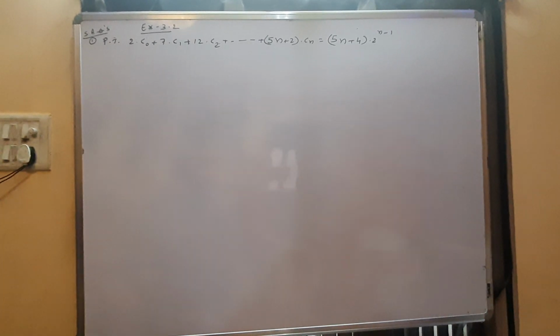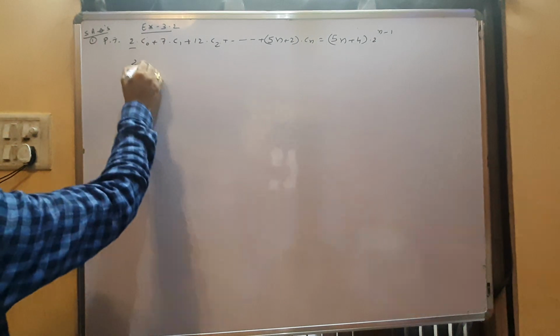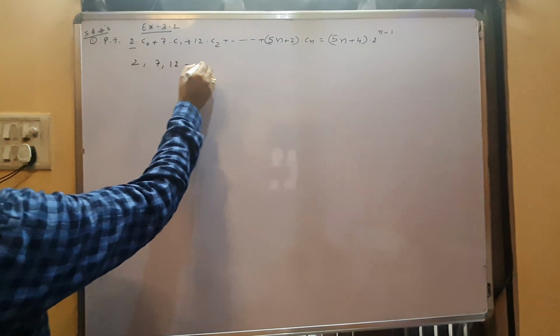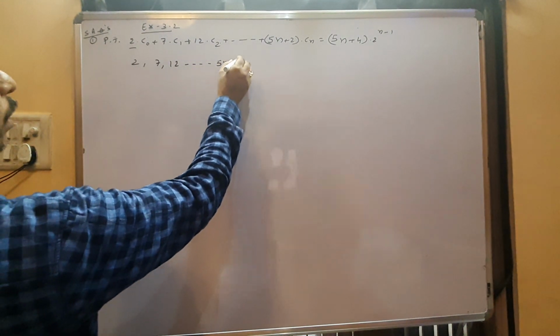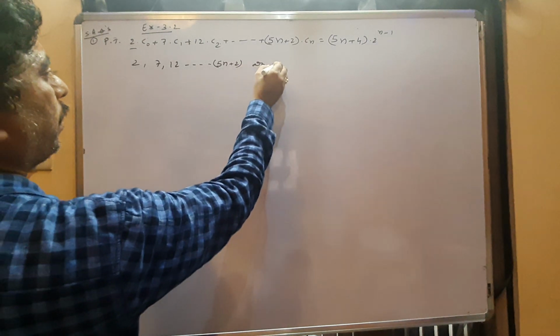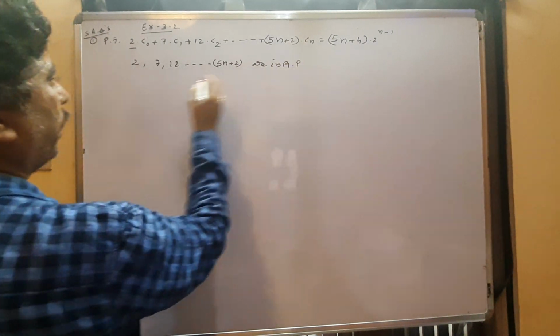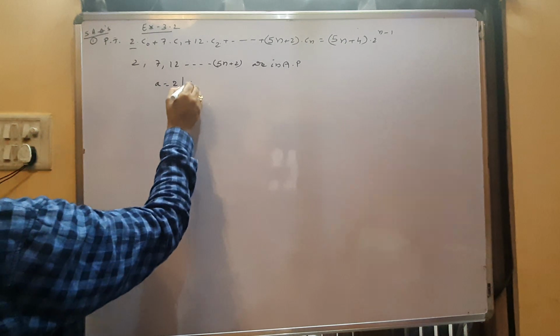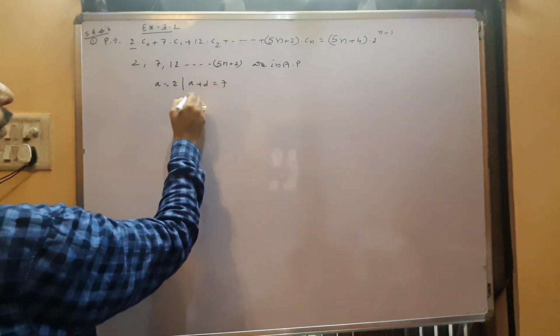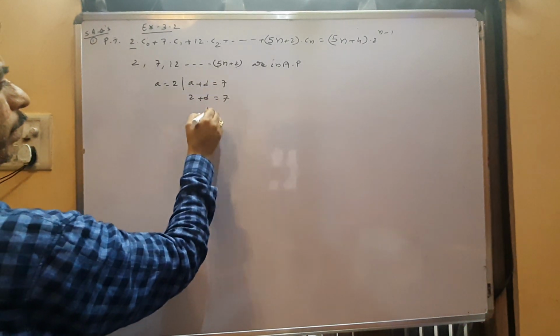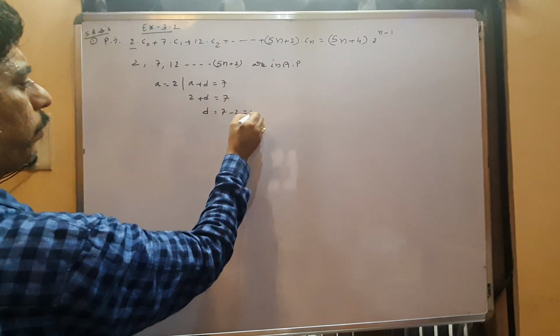Coming to this problem, also the same. 2, 7, 12 and so on, 5n plus 2 are in AP. a value is the first term 2, a plus d is 7, 2 plus d equal to 7, d equal to 7 minus 2, 5.